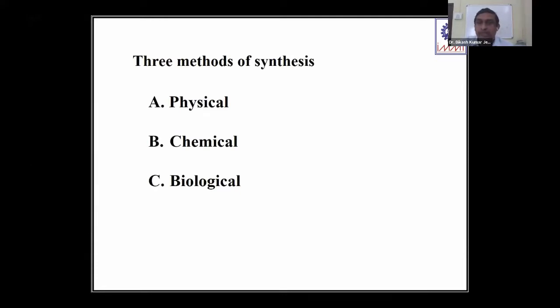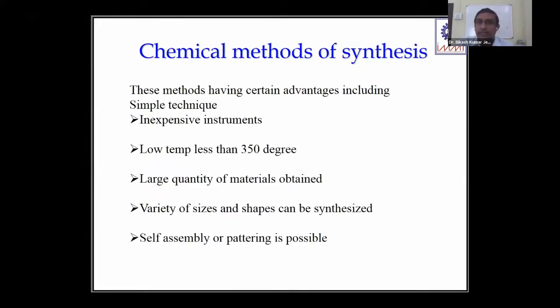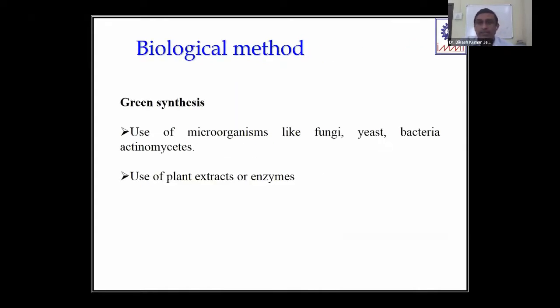There are three major methods of nanomaterial synthesis: physical methods, chemical methods, and biological methods. Physical methods include mechanical methods and vapor deposition methods. For chemical methods, you take a salt precursor and heat it with some reducing agent or stabilizing agent. For biological methods, you can do the reduction with bio-based materials like plant extracts, enzymes, and microorganisms such as fungi, yeast, and bacteria.